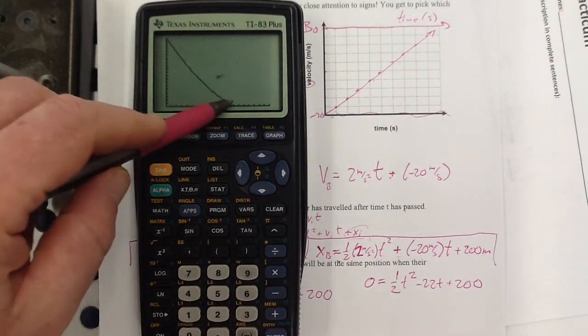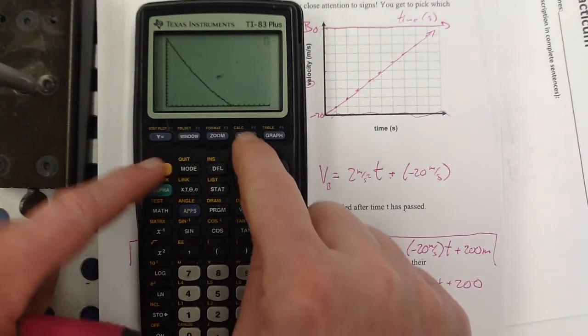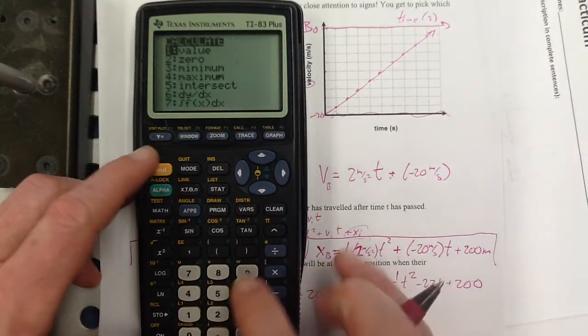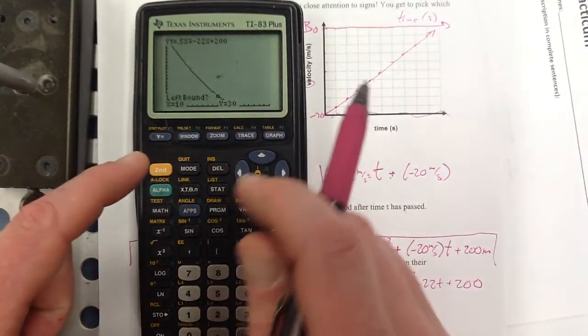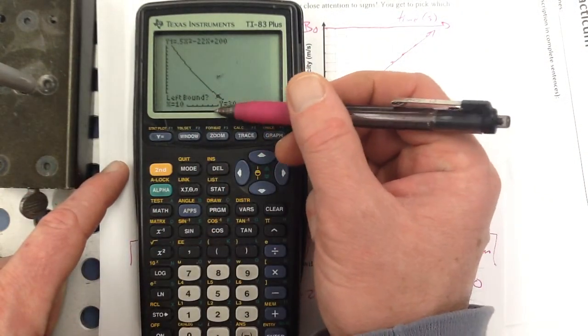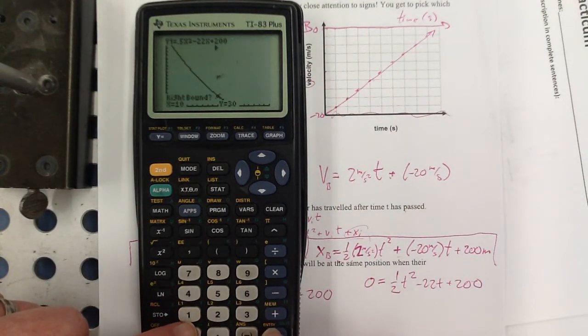And there is where it crosses. So I want to figure out what the 0 is of this equation. You can do a little game with the arrows. I didn't really count out there, but it definitely looks like it's in between 10 and 20, doesn't it?